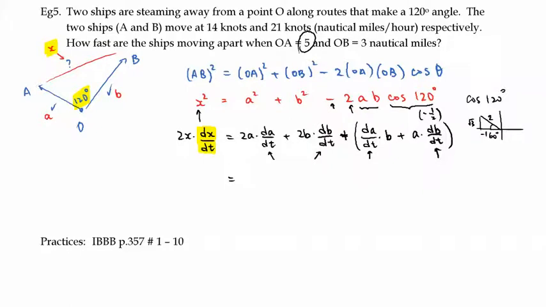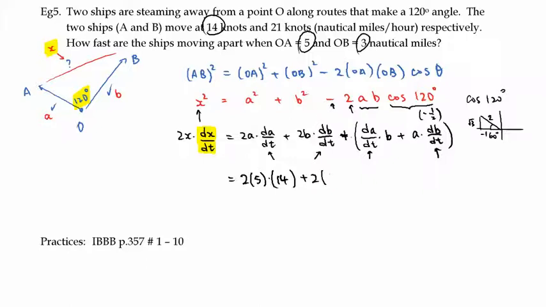When a equals 5, and the speed for the first boat is 14, I can substitute the numbers into the equation.